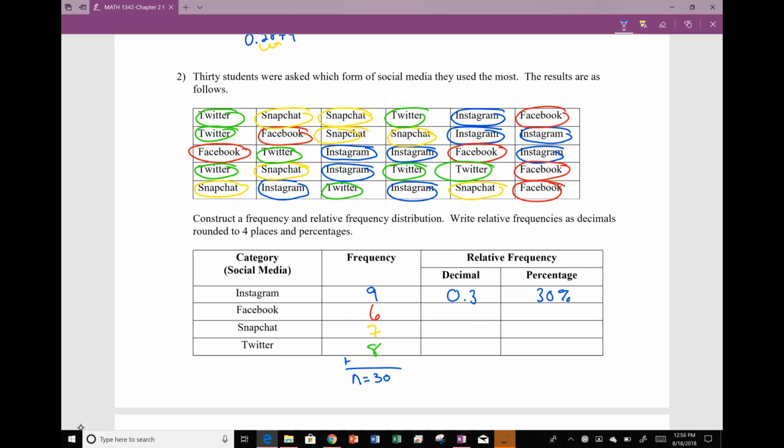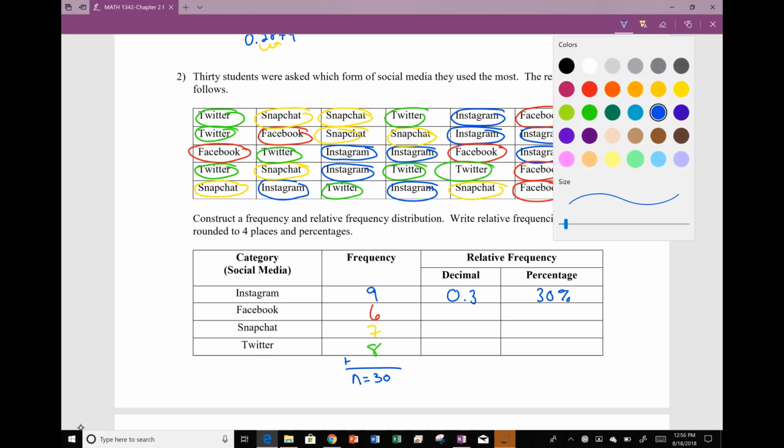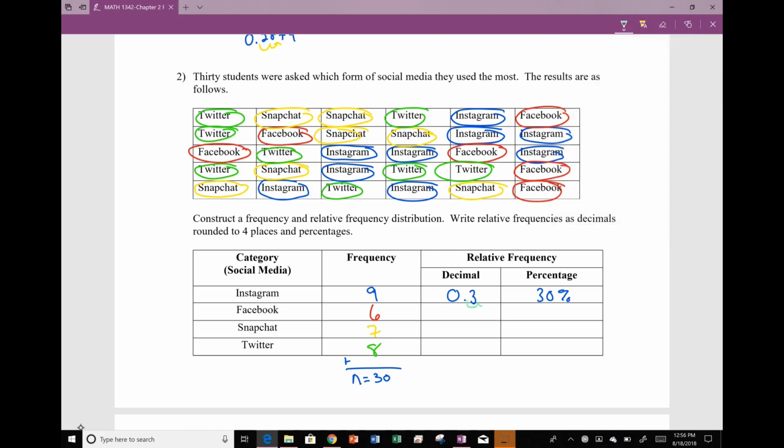The reason it's 30% is because I'm going to move the decimal place over twice, and I've got an open spot here, therefore I put a 0, making that 30%. Okay, so Facebook users, 6 divided by 30 is 0.2, or 20%.